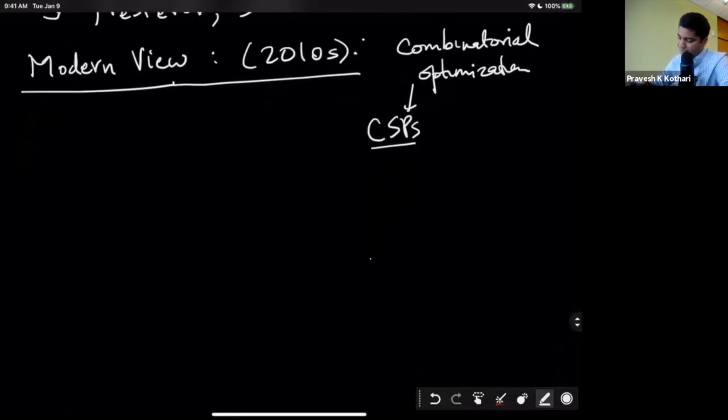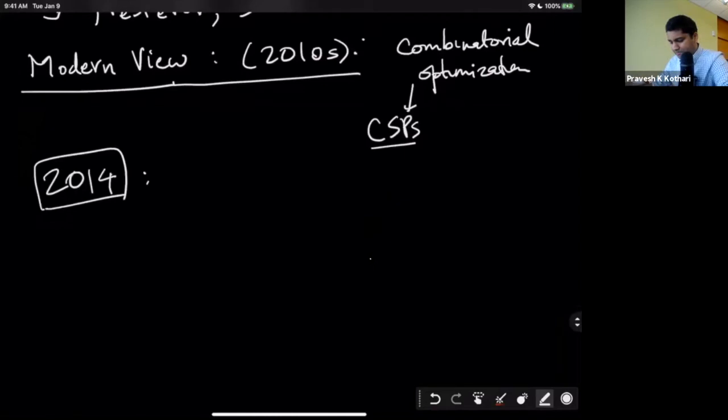Since about 2014, this modern view has led to new methods for designing algorithms for average case problems. These are problems where the inputs are not worst case, but rather come from some distribution that you have reason to care about in certain situations.